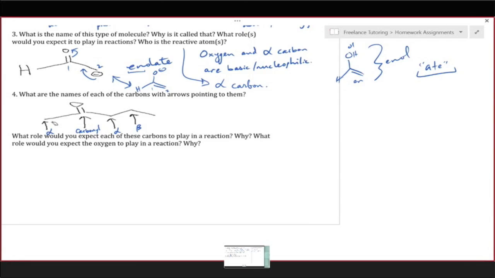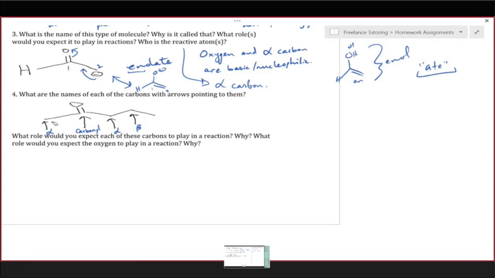So these alpha carbons are not nucleophilic yet. These alpha carbons might be acidic, and the explanation you gave was a good one. These alpha carbons are acidic because after they lose a proton, they could stabilize the negative charge they would gain through resonance, which makes it easier to lose the proton in the first place. Good. So these alpha carbons could play the role of acids.